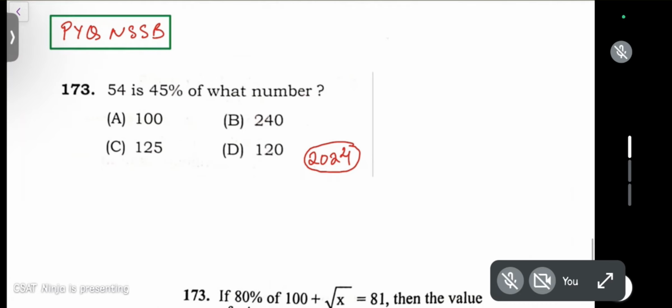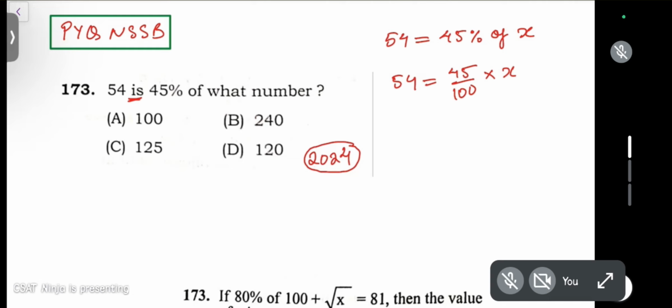So 54 is, I told you earlier, equal to... 54 is 45% of what number? We don't know the number, so that's the reason why I'm using x. So 54 is equal to 45%. If I need to convert it to a fraction, it will be 45 by 100 into x.